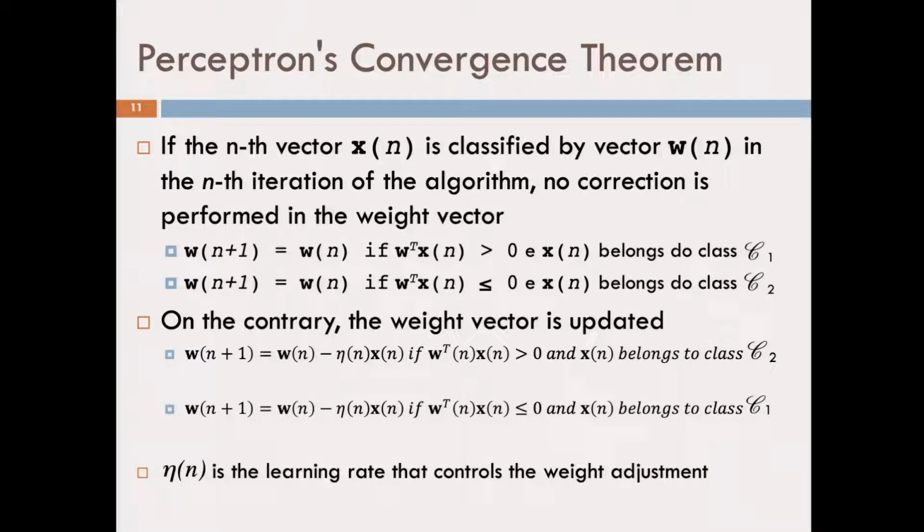So the weight vector in the next iteration will be the current weight vector minus a learning rate times the current input vector. This is the learning rate that controls how much I'm going to adjust the weights of the perceptron. The higher this learning factor, the higher is the adjustment in the weights. The lower it is, the lower is the adjustment. So it controls how much I adjust the weights.